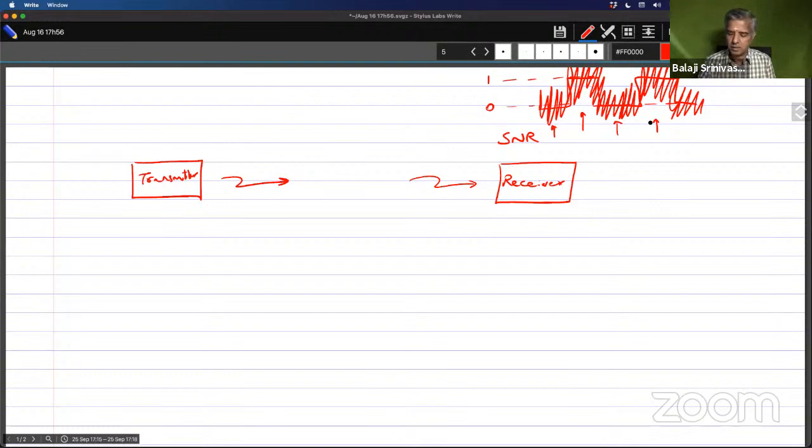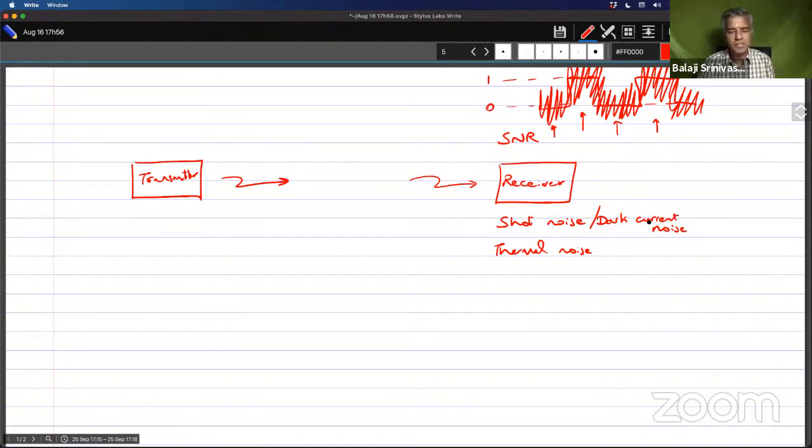And we have just been discussing semiconductor light detectors. Just last week, we introduced concepts like shot noise, thermal noise, and dark current noise, which is actually just a variant of shot noise. But all these are related to what's happening at the receiver.